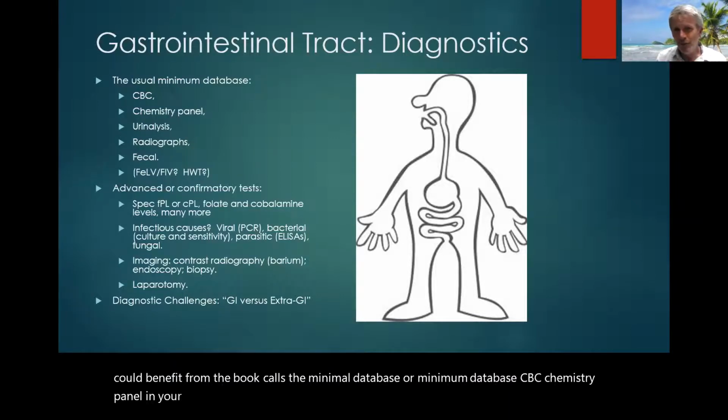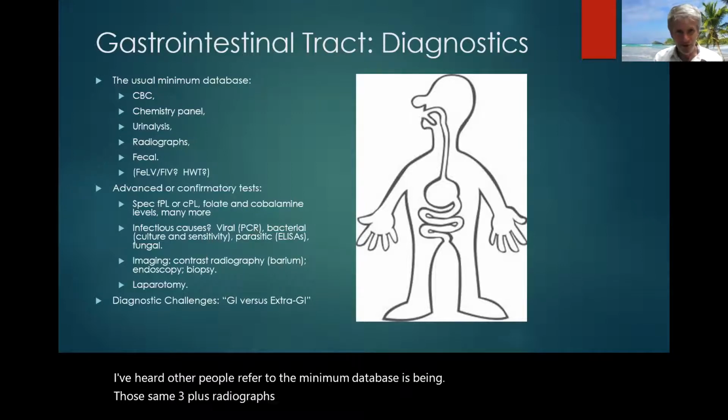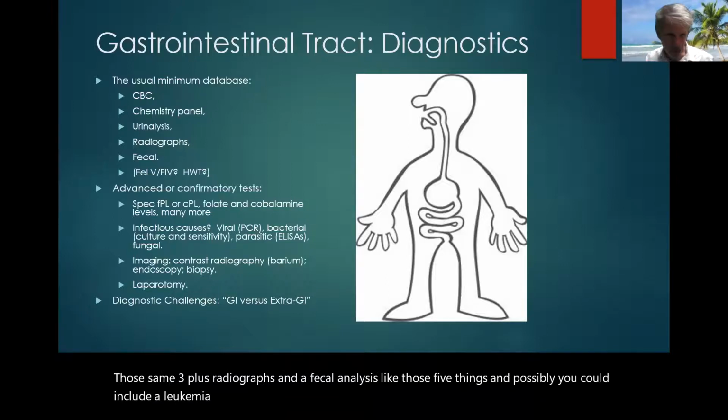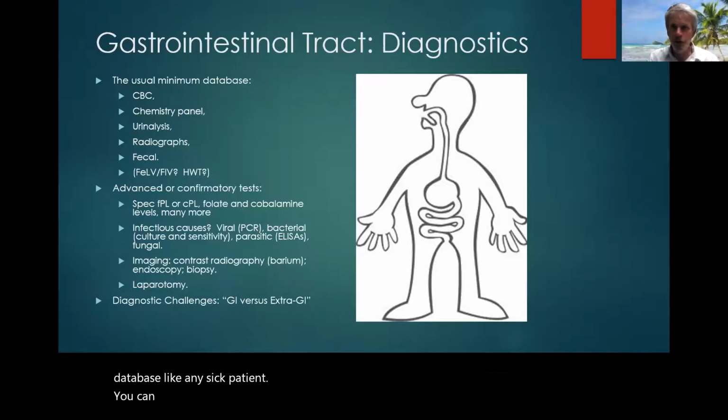I've heard other people refer to the minimum database as being those same three plus radiographs and a fecal analysis. Like those five things, and possibly you could include a leukemia test in cats or heartworm test in dogs. Those are considered the minimum database. Like any sick patient, you can justify all of those tests, and you certainly can.